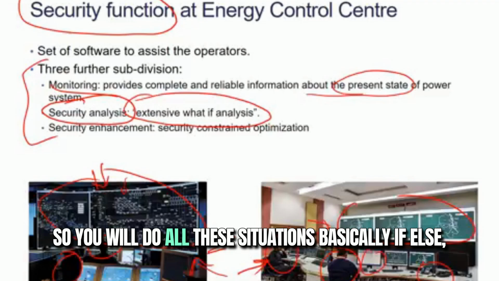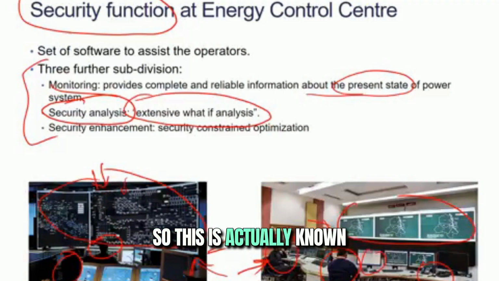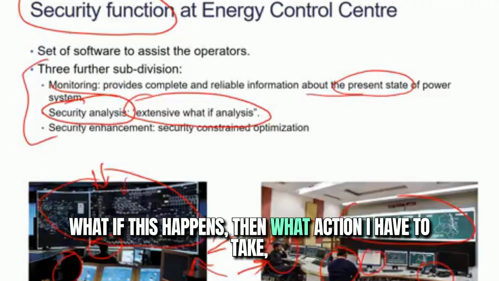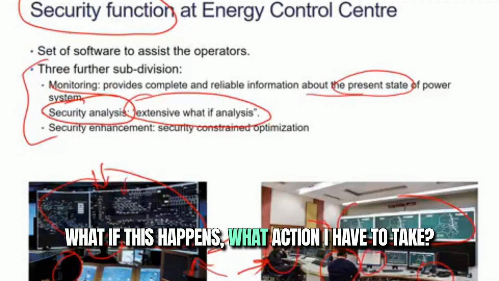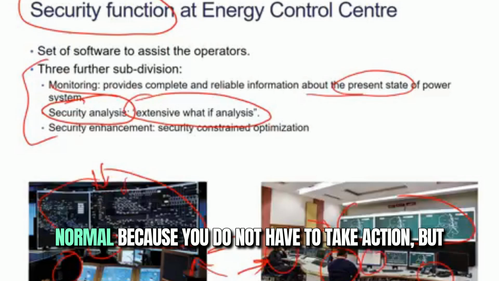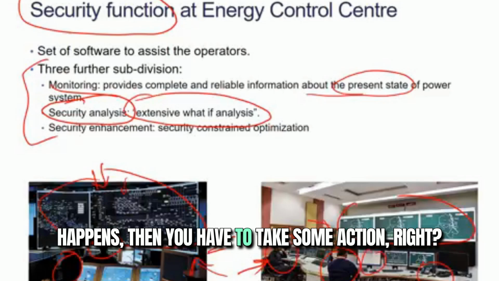So you go through all these situations: if this happens, what do I have to do; if that happens, what do I have to do. This is known as extensive what-if analysis. Most of the time it will obviously be normal actions, because you do not have to take action, but only in case a specific contingency happens, then you have to take some action, right?